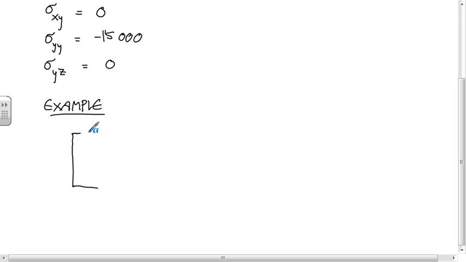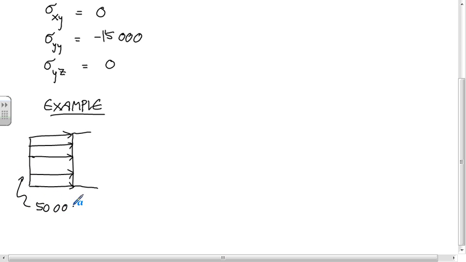Okay, so say we have this object and we don't know anything about what's going on the right side of it. But say that on the left side, we have a distributed load of 50,000 pascals. And our coordinate system is oriented like this again.